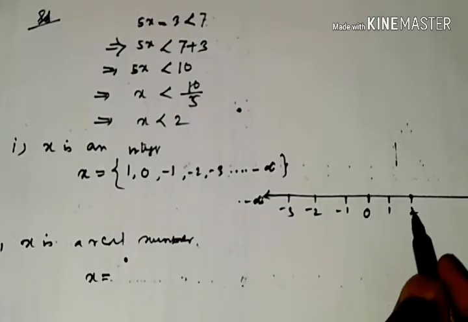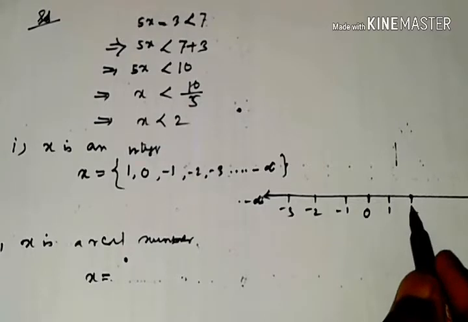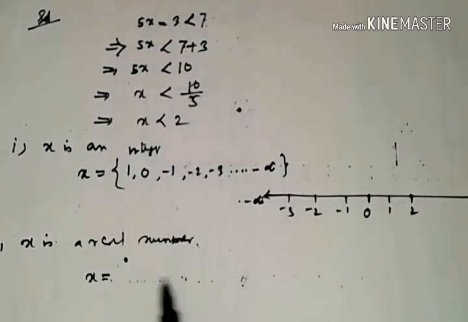Therefore, we cannot write only 1, 0, minus 1. These values are also included, so we have to write it in set builder form or interval.